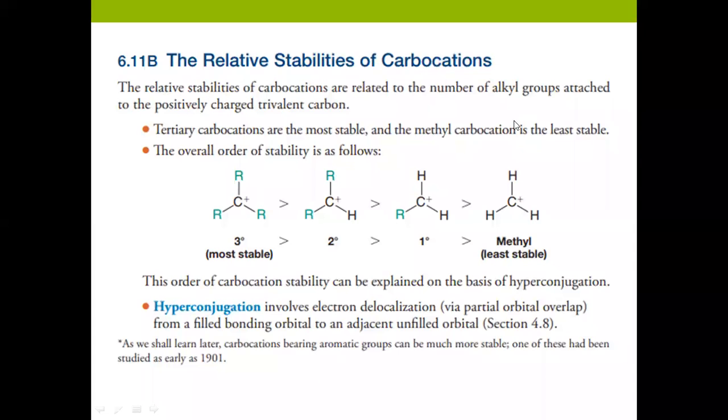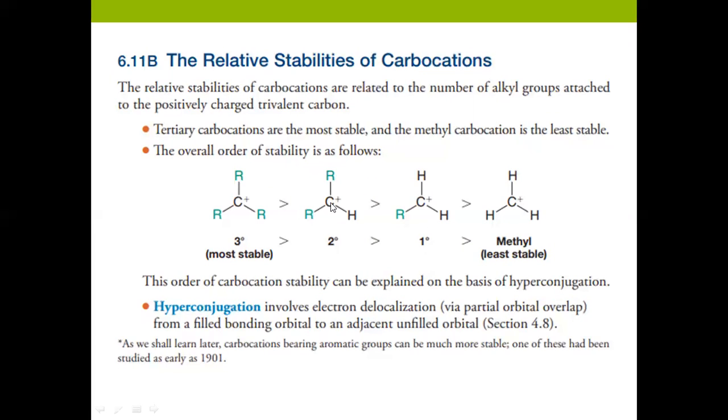Hyperconjugation will only happen when your carbocation is bonded to a carbon, an sp3 carbon. If it's hydrogen, there is no hyperconjugation, because hydrogen only has an s orbital, which is spherical, so it cannot have partial orbital overlap.